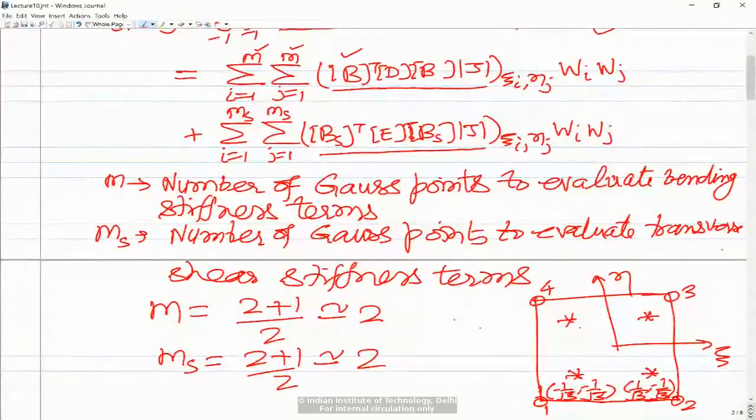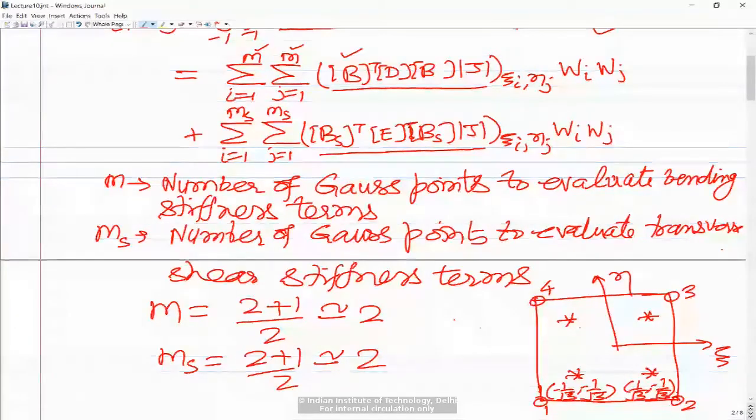So determinant J would be constant, and B and Bs are only linear functions of xi and eta. So when we multiply B transpose and B, we will have the highest power of xi and eta as 2. So that highest power of xi or eta plus 1 divided by 2, approximated to the next integer, gives you the number of Gauss points. So that is what I explained.